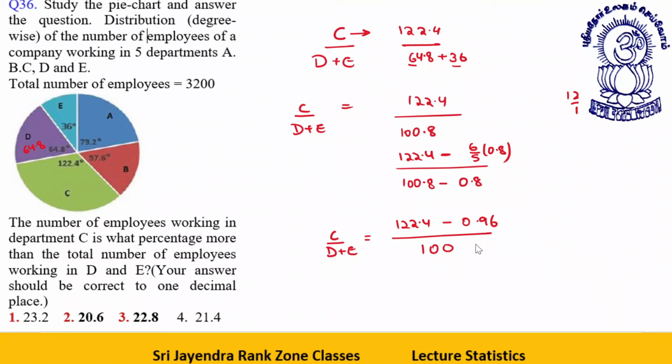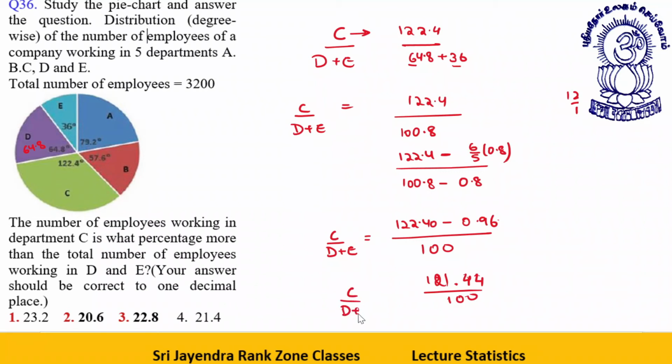Although we did not need to do it. Let me write it like this: 0 minus 6 is 4, then 13 minus 9 is again 4. 121.44 upon 100.